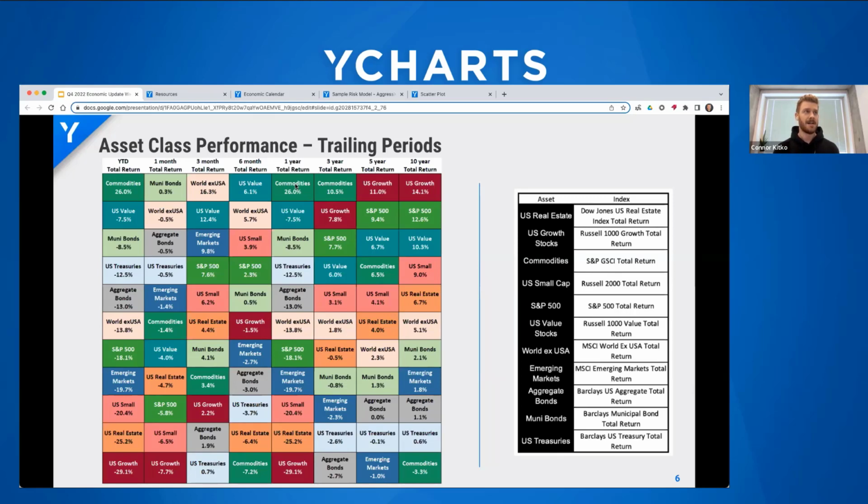So US growth still the outperformer, leading this table over a 5 and a 10-year look back, but growth has fallen to second best over just that 3-year look back. So depending on interest rates and earnings and a multitude of other factors, it'll be interesting to see if that longer term outperformance for growth continues to break down, or maybe we'll see a resurgence for growth stocks soon here.